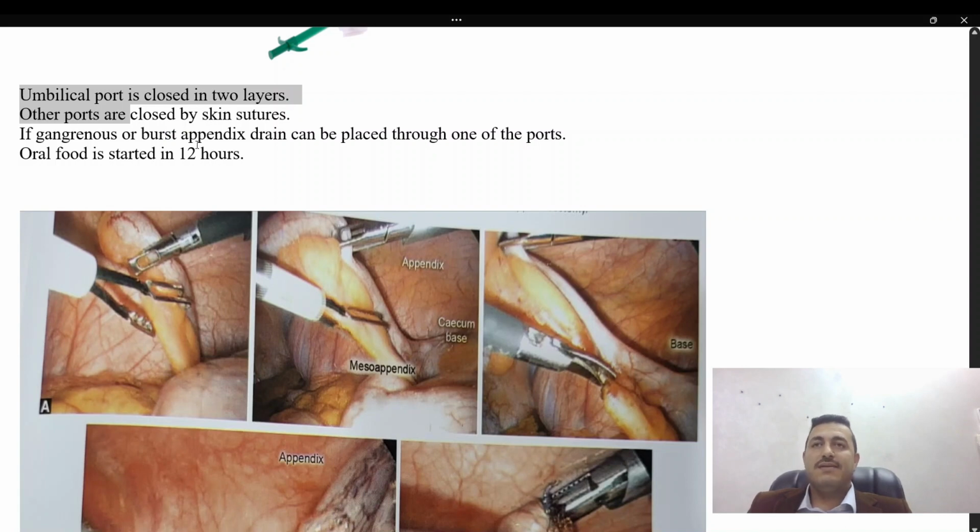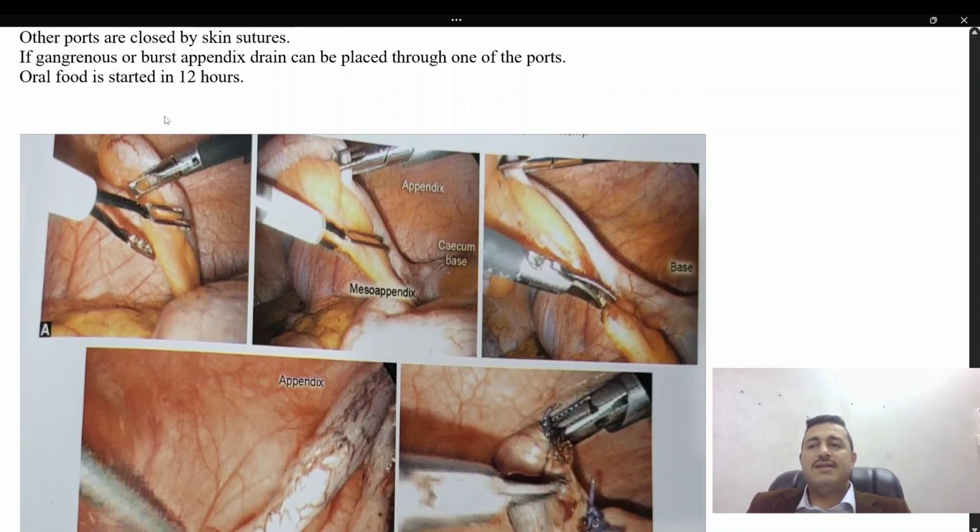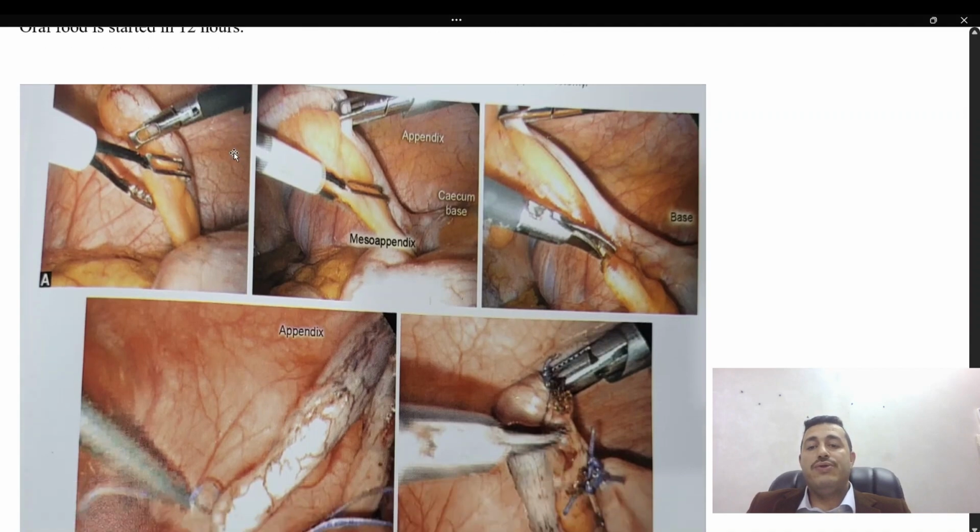If it is not midline, I think above 1 centimeter should be closed. This literature says the umbilical port should be closed in 2 layers, while for the other ports, the skin is enough. It's not mandatory if there is a gangrenous or perforated appendix to convert to open. This depends on the skills of the surgeon, who may proceed using a bag.